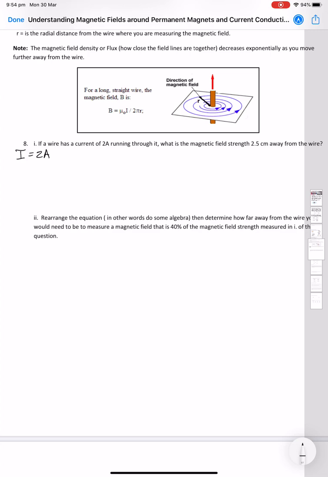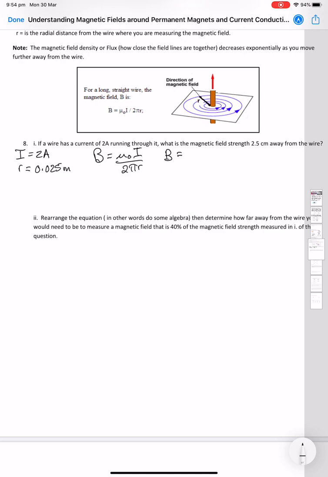All right, so they've given us R, but we've got to convert that R into meters. So we'd have to divide by 100. And then now we've got to look at our mu naught value off of the data table and plug everything into this equation.